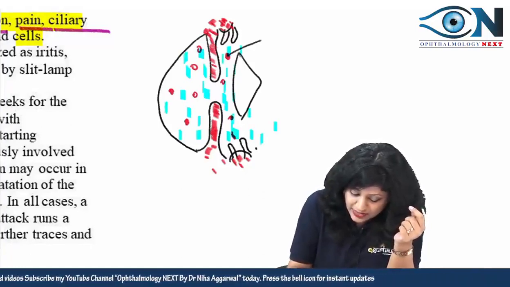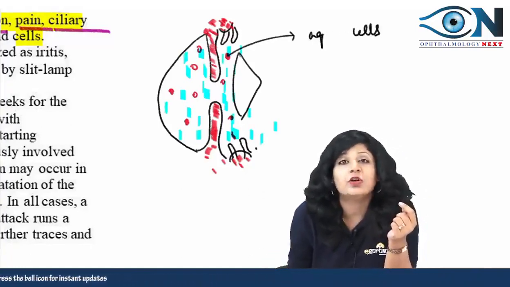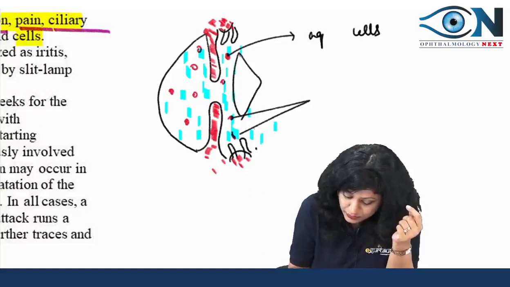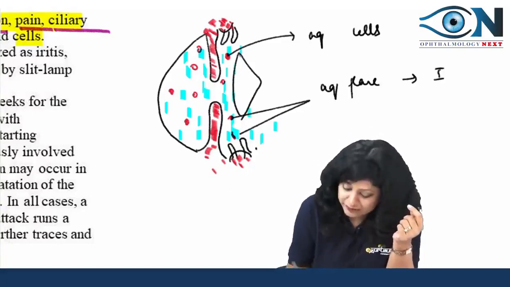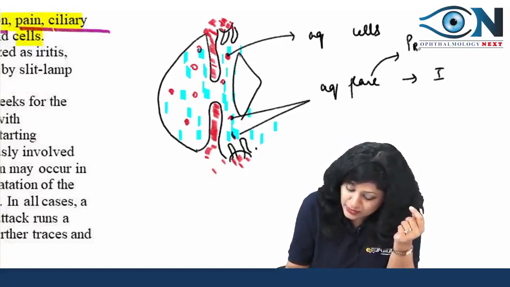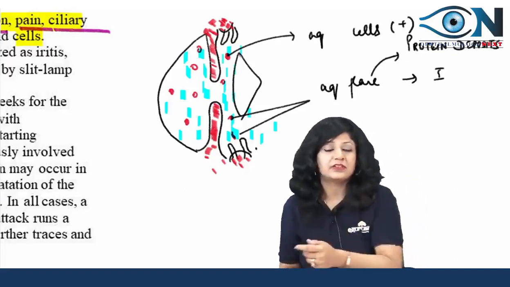So these are actually your aqueous cells, and we also have the protein deposits. So we also have the aqueous flare, and flare is usually the first sign of uveitis that we get. These are actually the protein deposits that we get. Cells are there. We can mark it as 1+, 2+, and 3+.